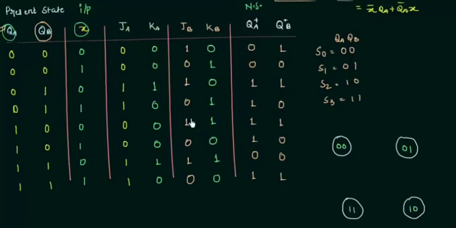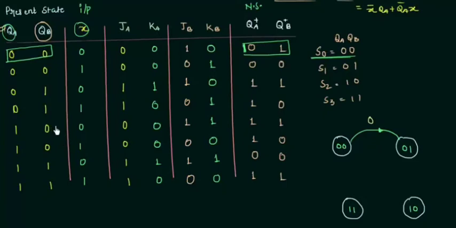Now let's see the first case, when the input is 0 and we are on S0. 0 0 means we are on S0, and the input is 0. So the next state, that is QA plus and QB plus, is 0 1. So from 0 0 we are going to 0 1 like this, and the input is 0.